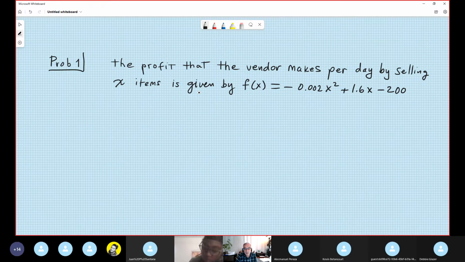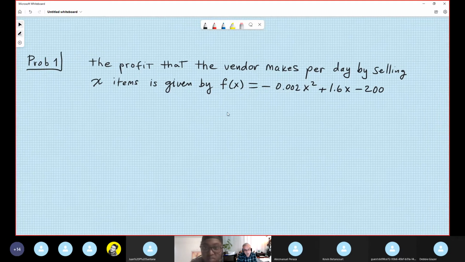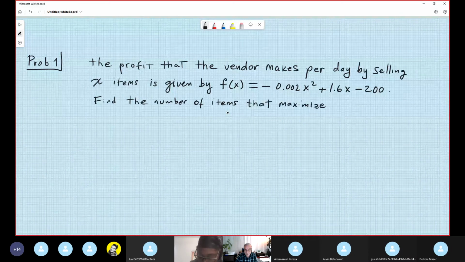Investigate the plot and make the quadratic regression. The quadratic regression is an approximation. You find the equation for the points and the data that you collect in real life. So find the number of items that maximize profit.